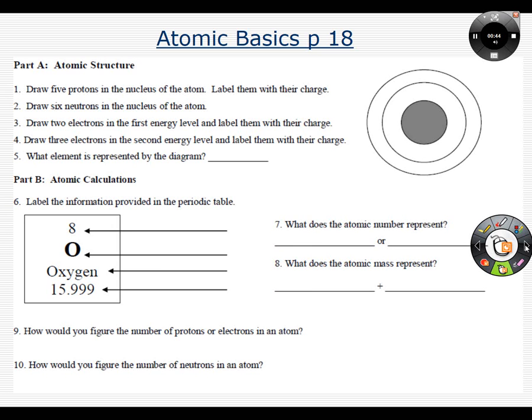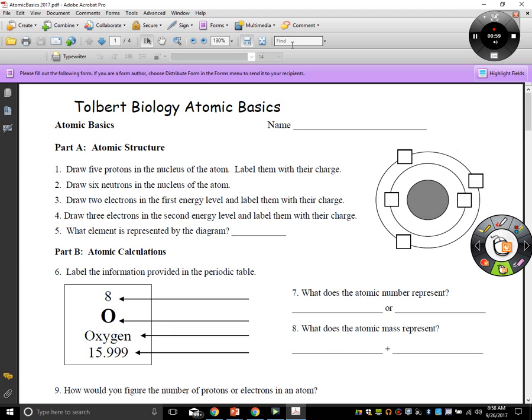The current sheet that you're looking at, Chapter 2, Atomic Basics, is on page 18. Here we are. This is what that looks like. So we're basically going to just simply follow the instructions.